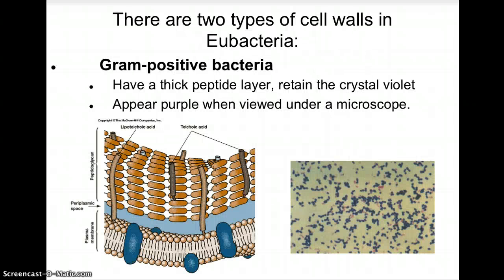So again, two types of cell walls in the eubacteria. The gram-positive bacteria have a thick peptide layer, and that helps them retain this crystal violet color that you see, the bluish, and they'll appear purple when viewed under a microscope. So if this is our plasma membrane, then this is our thick peptide layer.